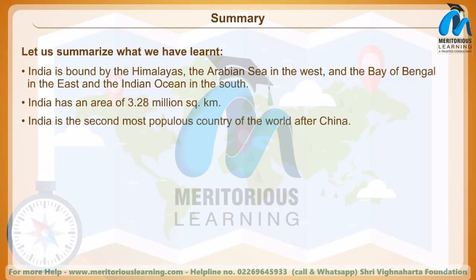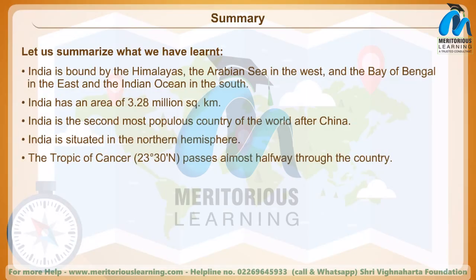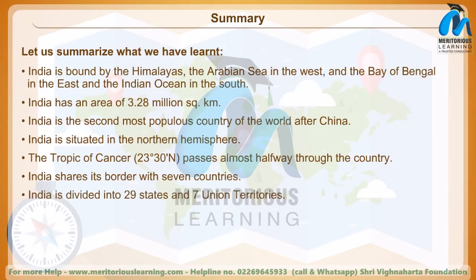India is the second most populous country of the world after China. India is situated in the northern hemisphere. The Tropic of Cancer, 23 degrees 30 minutes north, passes almost halfway through the country. India shares its border with 7 countries. India is divided into 29 states and 7 union territories.